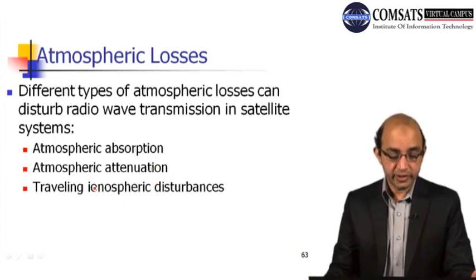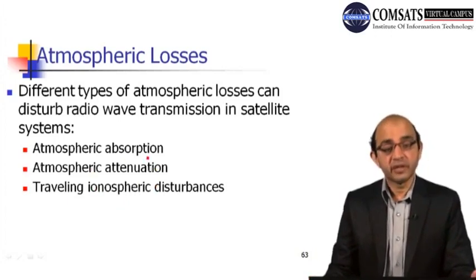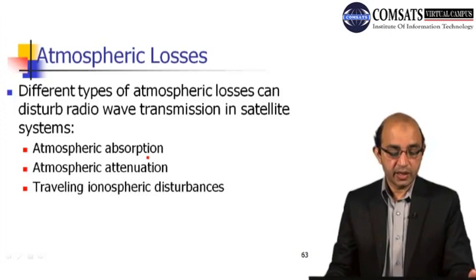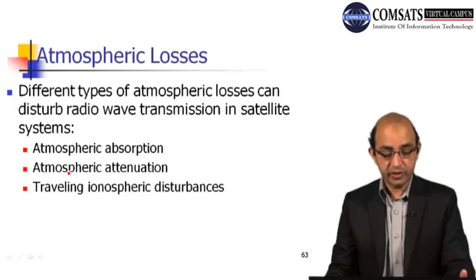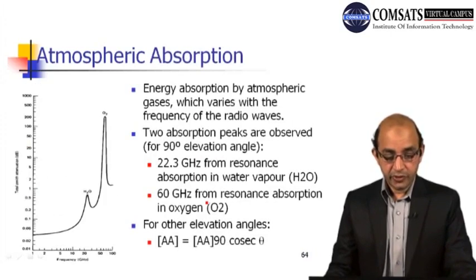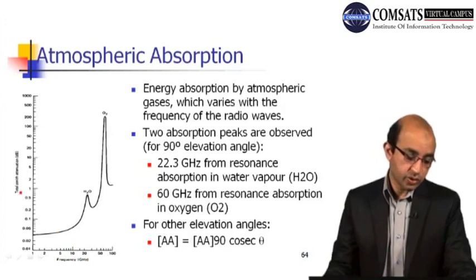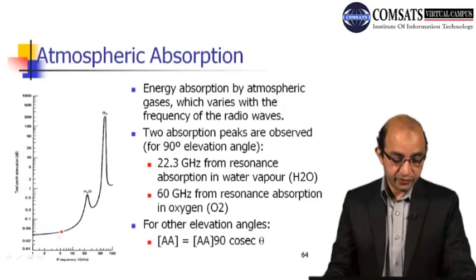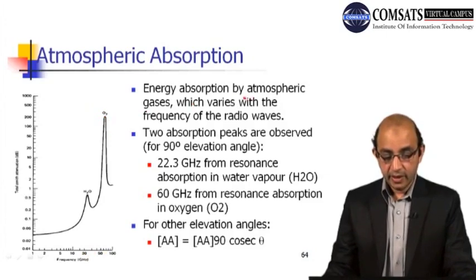These losses are atmospheric absorption, then atmospheric attenuation, then traveling ionospheric disturbance. Here we have shown frequency and the total attenuation in dB. You can see that as we move along the frequency axis, the attenuation is on the higher side.